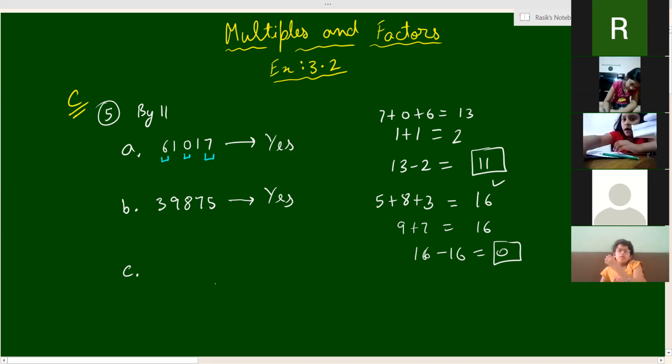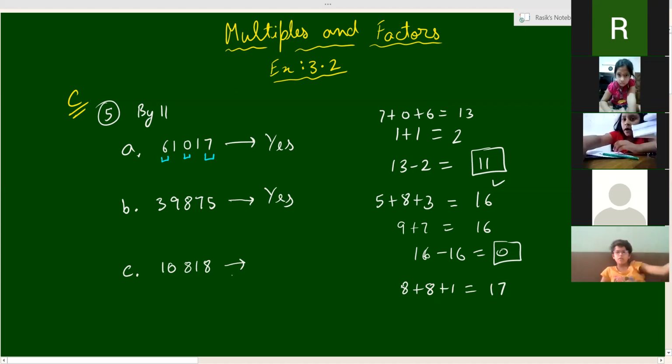Last part of the question, 10,880. So sum of the digits at odd places, 8 plus 8 plus 1. You get 17.